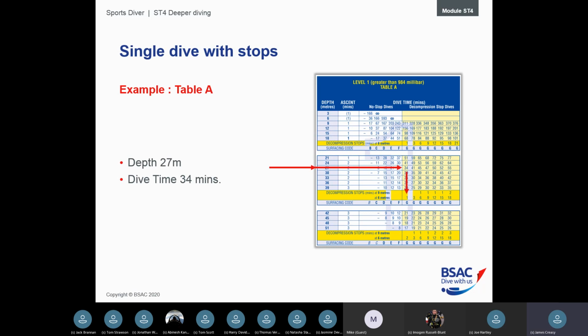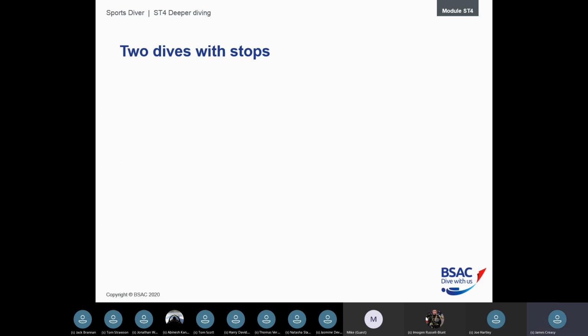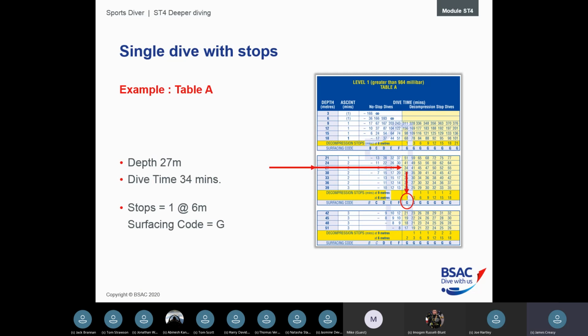We follow that down and we get to a decompression stop at 6 meters of 1 minute. So again, it's very similar to what you did with ocean diver tables. It's just making sure you keep an eye out for those stops. And surfacing code is G. Make sure you take that in.